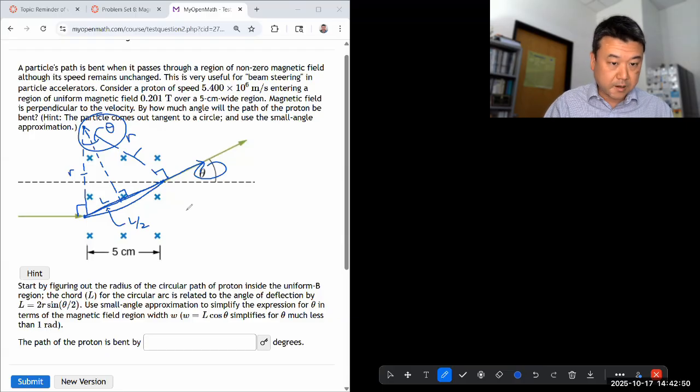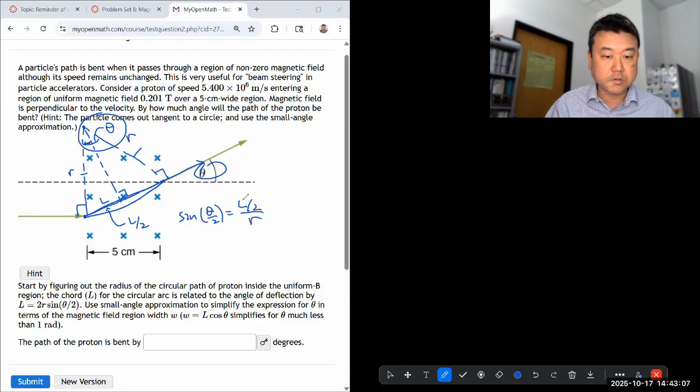With all that, I can use the sine of the angle. This is half of the angle. Sine of theta over 2 is equal to the opposite, L over 2, divided by r.